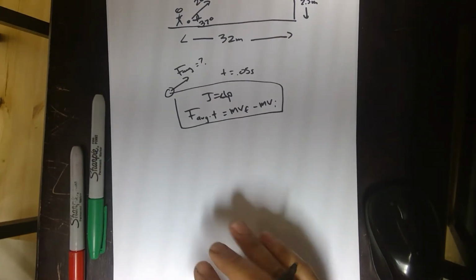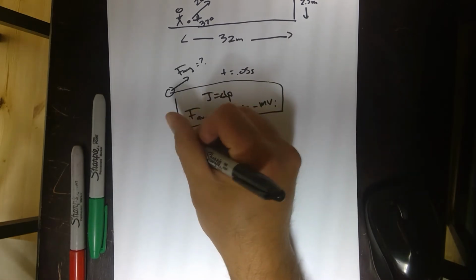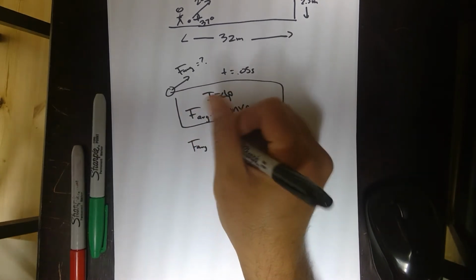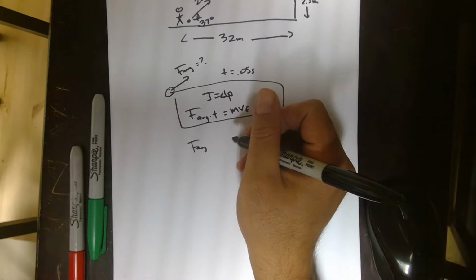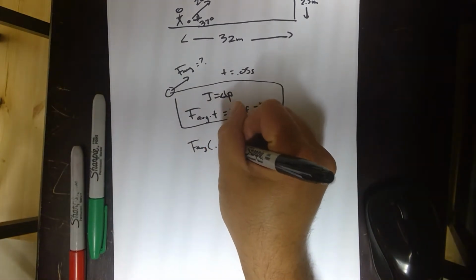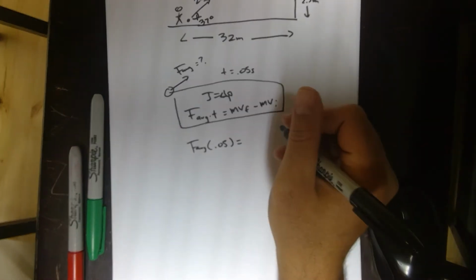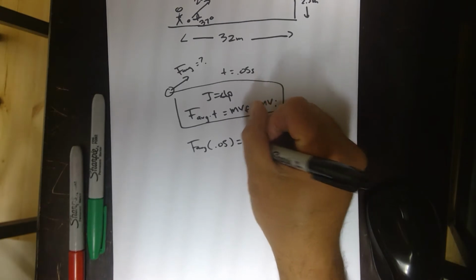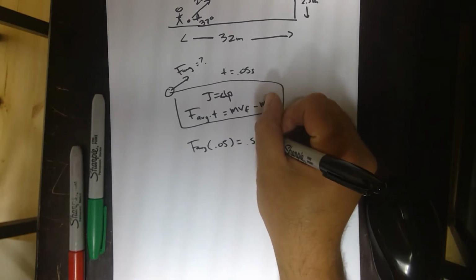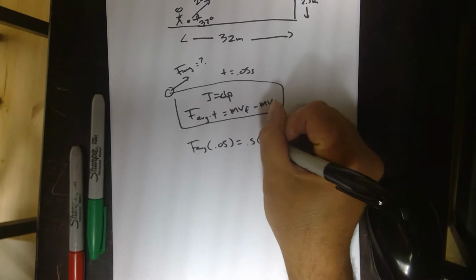And so what we end up doing is then putting in the numbers. The force is unknown, so I'm going to leave it as a variable. The impact time is 0.05 seconds, and the mass is 0.5 kilograms. The final velocity is actually 20. Initially, it was 0.